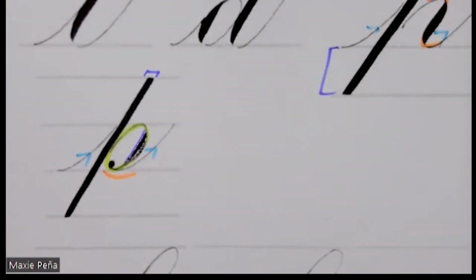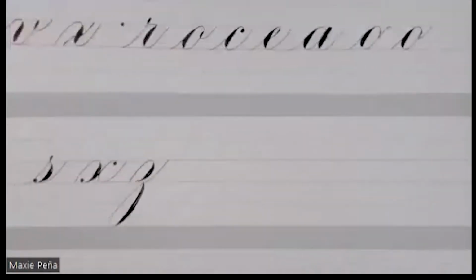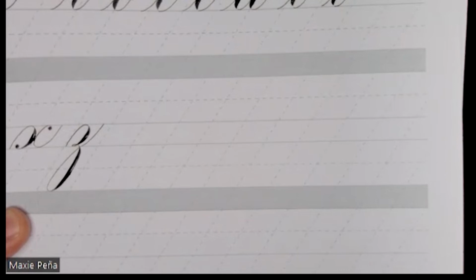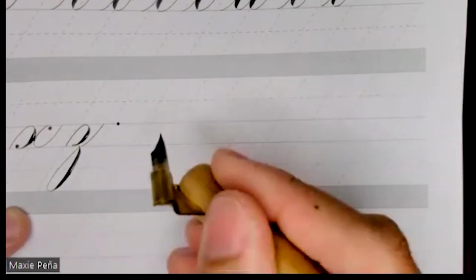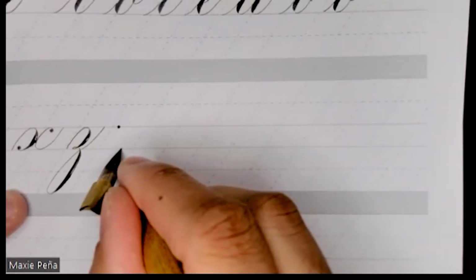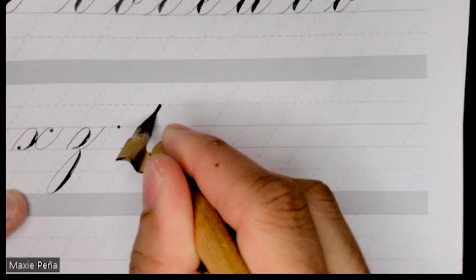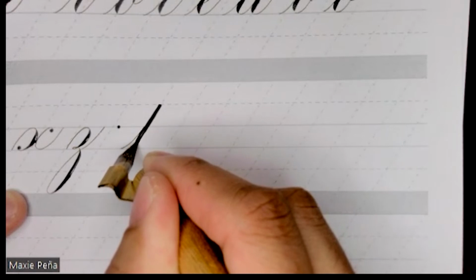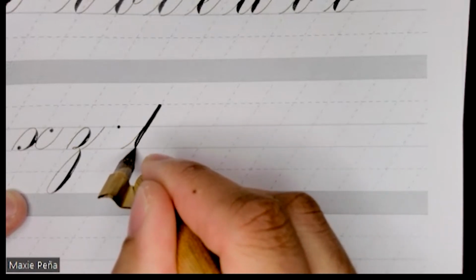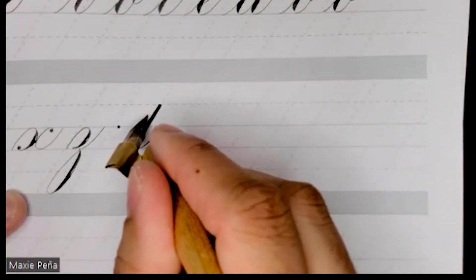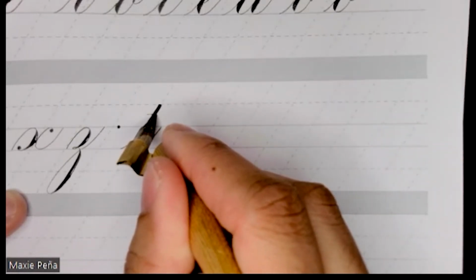Okay, let's write these letters, T, D, and P. Exit the same way you entered, and then crossbar, horizontal line.